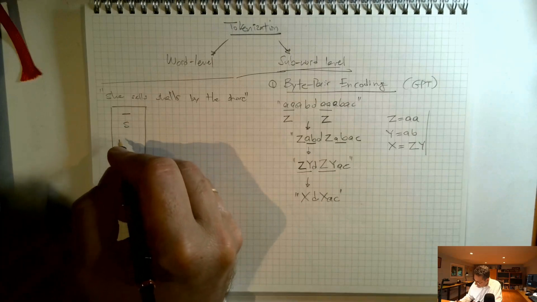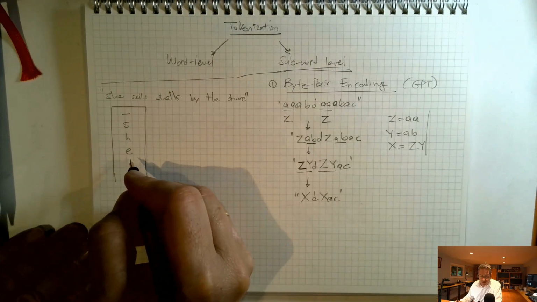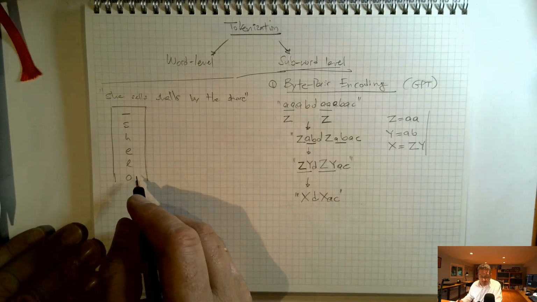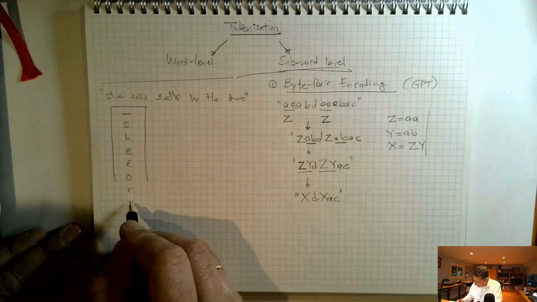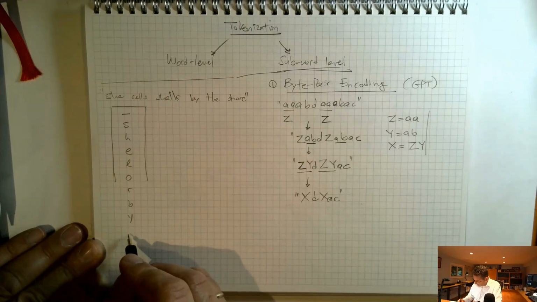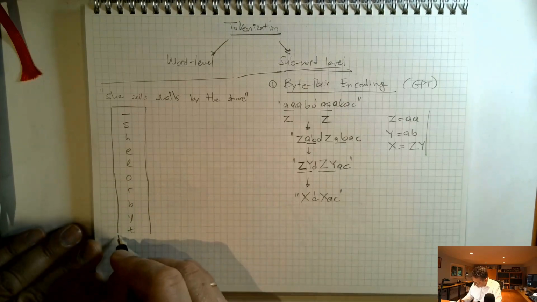Then we have S, H, E, L, O, R, B, Y, T. Okay, these are all the input characters.